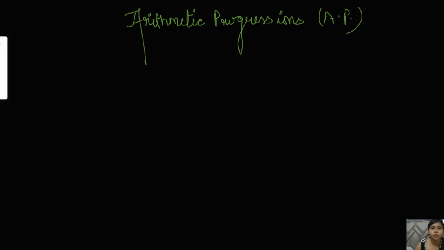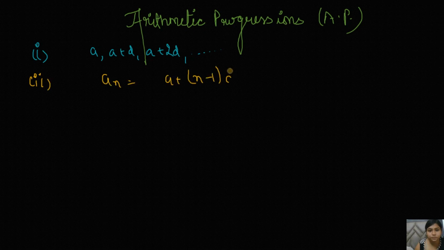So first of all, the general form of the AP is a, a plus d, a plus 2d and so on, right? Our next thing is your an formula, that is a plus n minus 1 d.